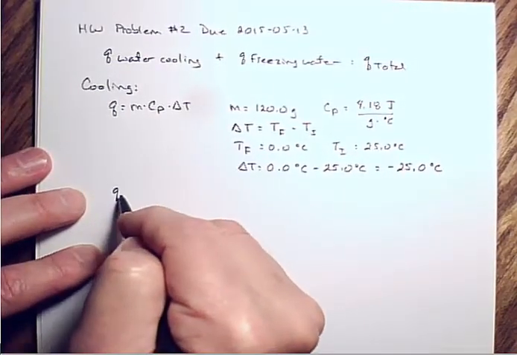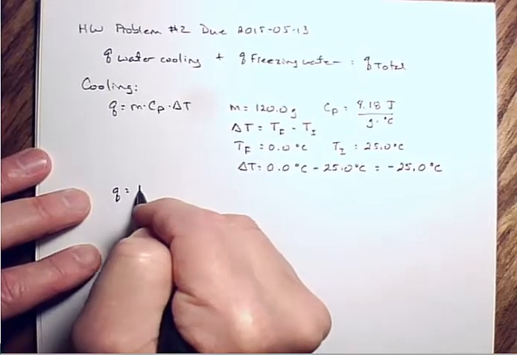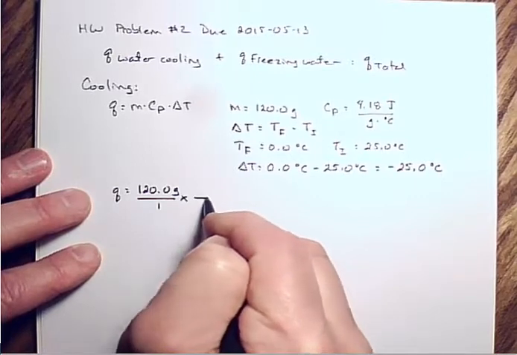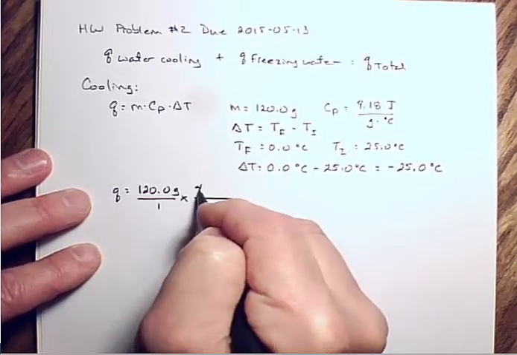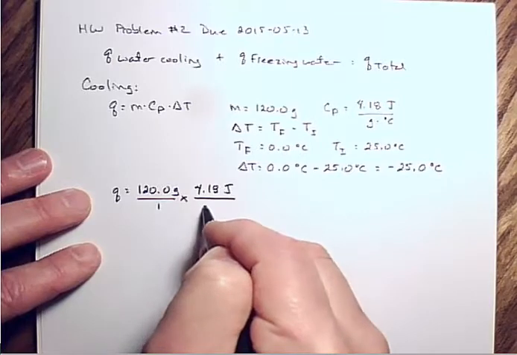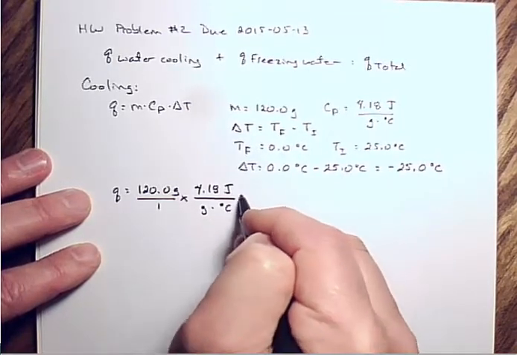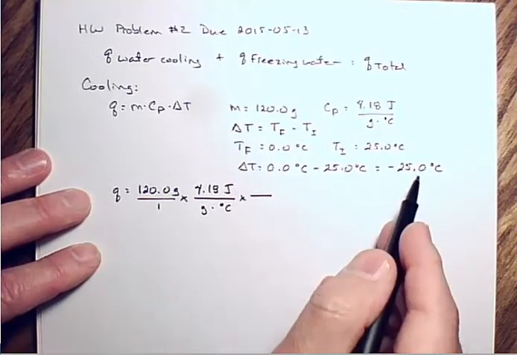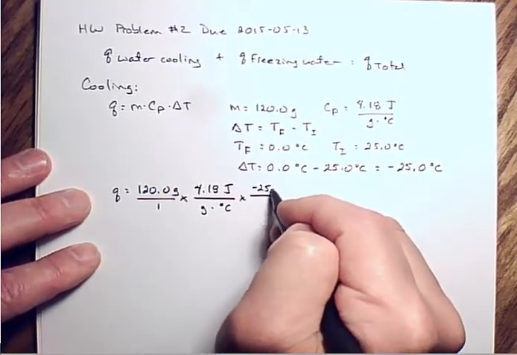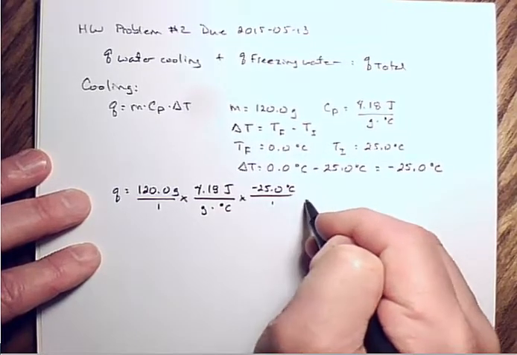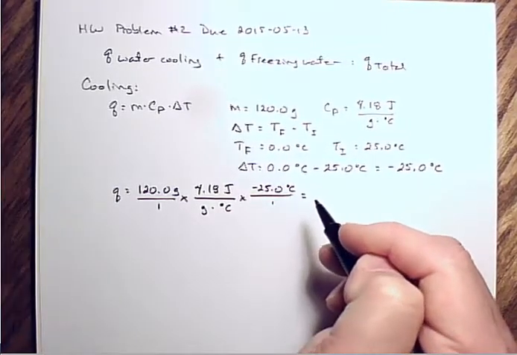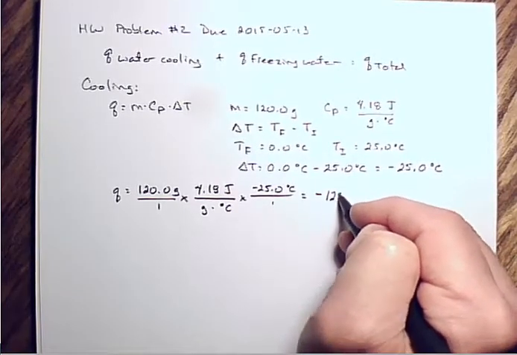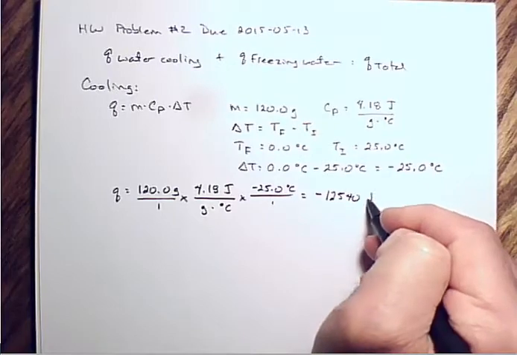So here is Q equals the mass of 120.0 grams times the specific heat, 4.18 joules per gram per degree C, times the change in temperature, negative 25.0 degrees C. And we do the math, and I got negative 12540 joules.